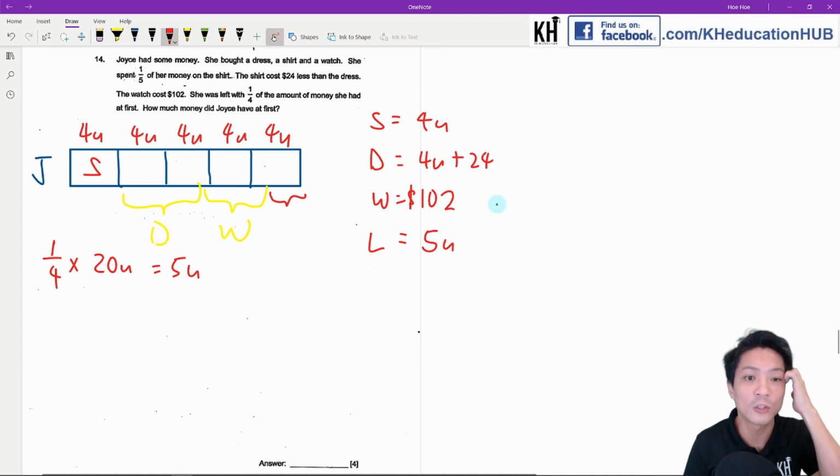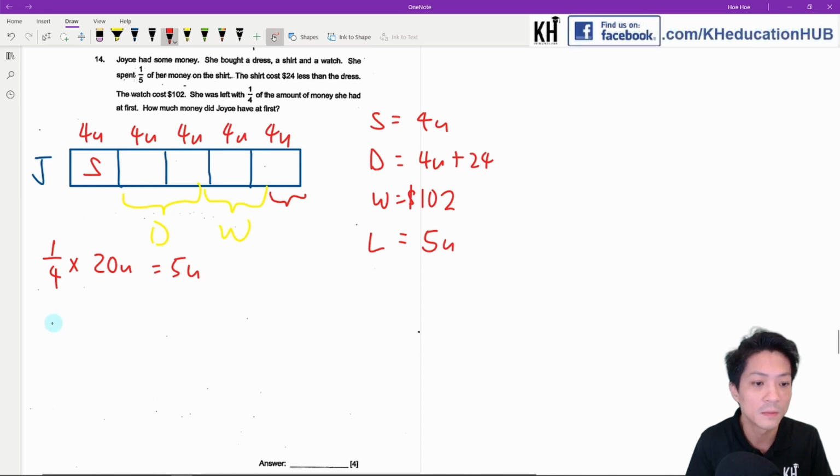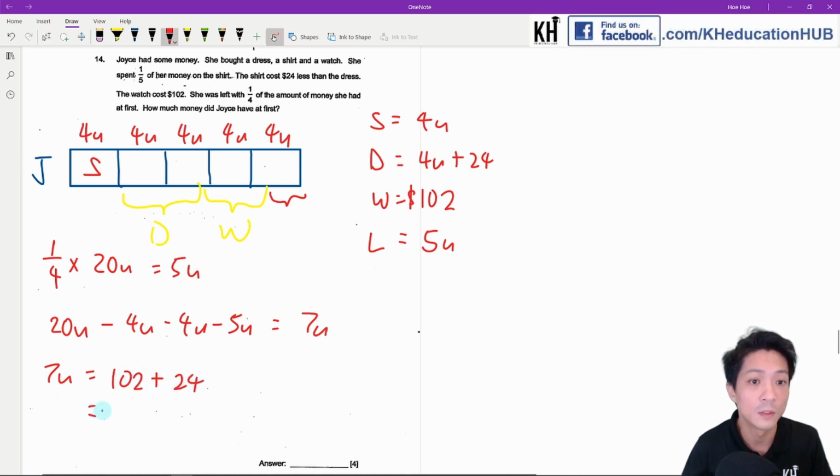So how much money did Joyce have at first? Okay, so we know that 20 units minus 4 units, 4 units, and 5 units, minus 4 units, minus 4 units, minus 5 units is equal to 7 units. Okay, so 7 units is equal to 102 plus 24.